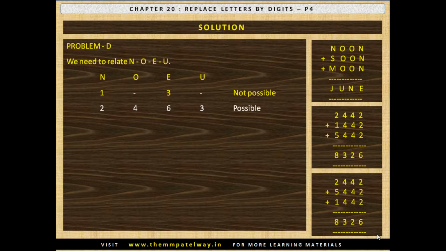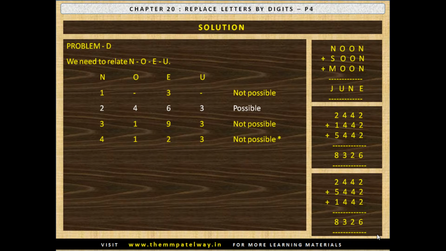The second possibility is N equals to 2, O equals to 4, E equals to 6 and U equals to 3. This is possible. The next, N equals to 3, O equals to 1, E equals to 9 and U equals to 3. This is also not a possible condition.